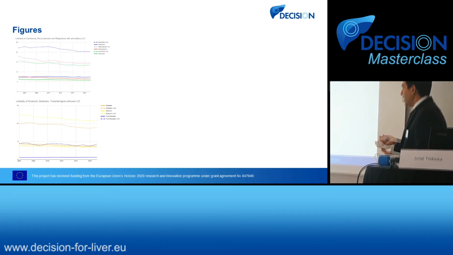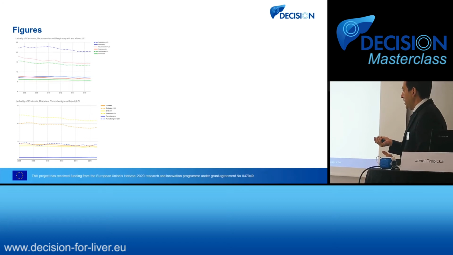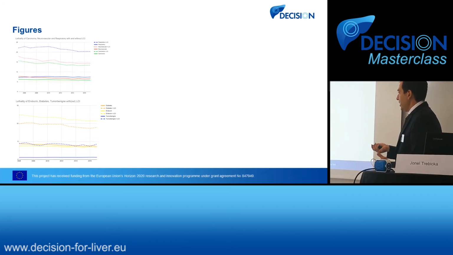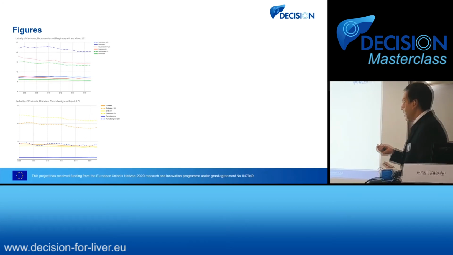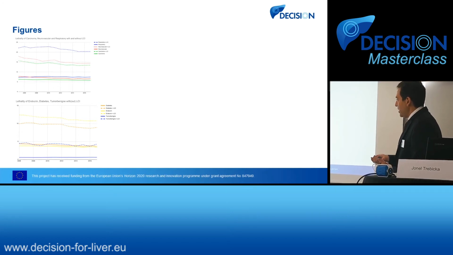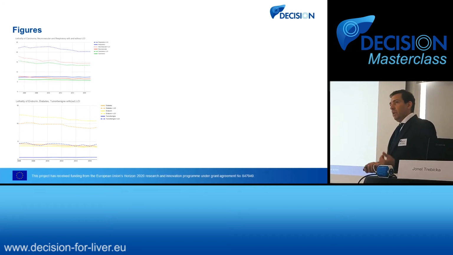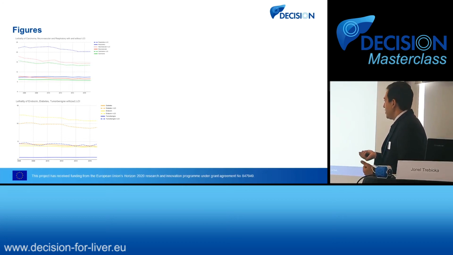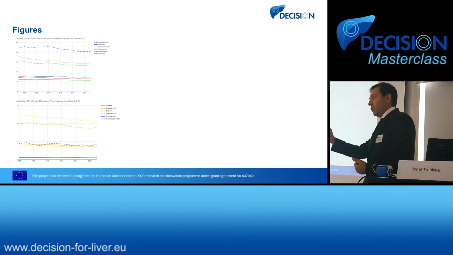Another example is we looked into the data from Germany over time, and we saw that in different etiologies of other diseases, if cirrhosis is a comorbidity, mortality increases. And you see here the cirrhosis and others. There are different colors for different diseases, and the dotted lines are always the respective disease with cirrhosis.